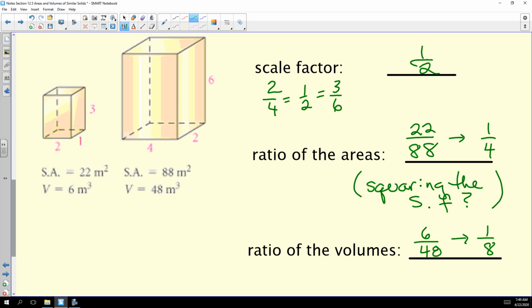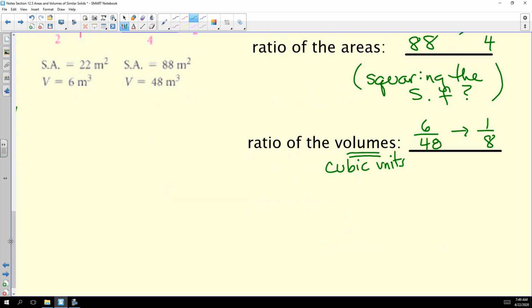How do we get from 2 to 8? We could quadruple it, multiply the 2 by 4, but multiplying 1 by 4 wouldn't give us the 1. And think about volume is measured in cubic units, right? So what do you think with the scale factor? Probably if we cube the scale factor, maybe we would get the volume, right?